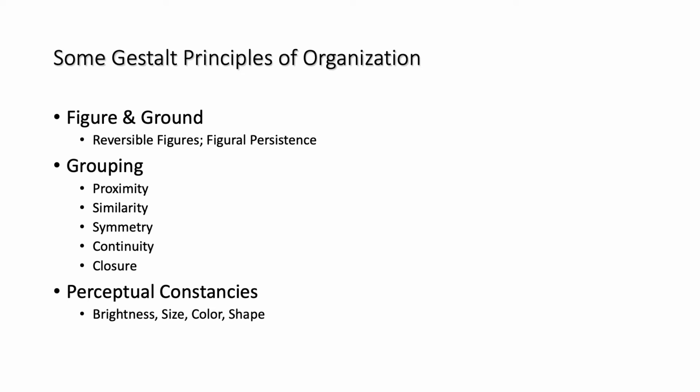And once we see things a certain way, once we have decided what our perception is, we tend to keep that constant. And this is called a perceptual constancy. So there are brightness constancies, size constancies, color constancies, and so on.